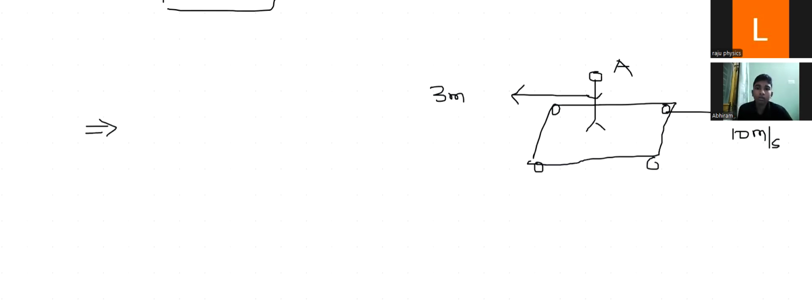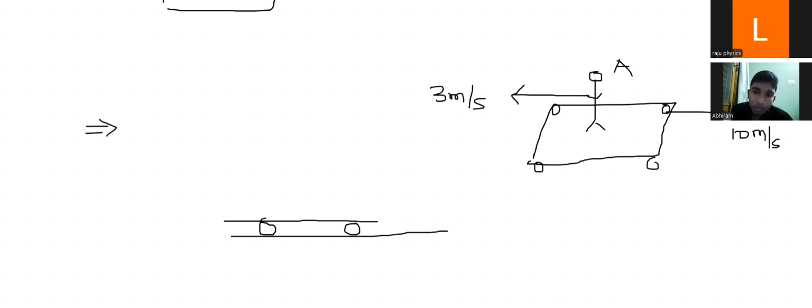Now here one vehicle is there, a car. This is the car. The car was moving with a speed of 20 meters per second.